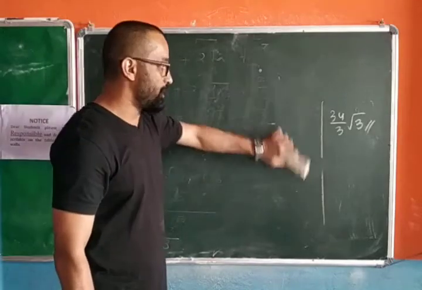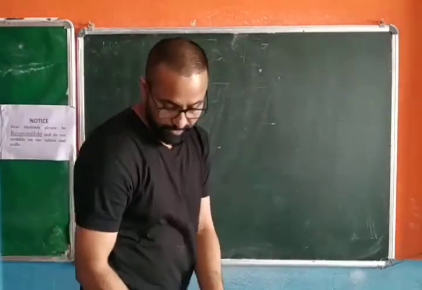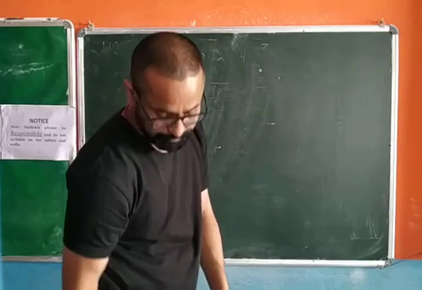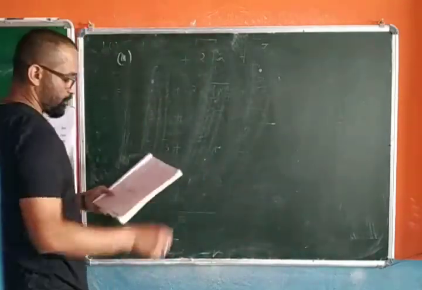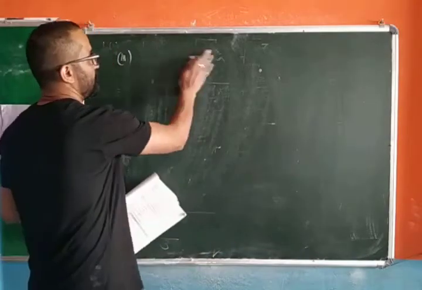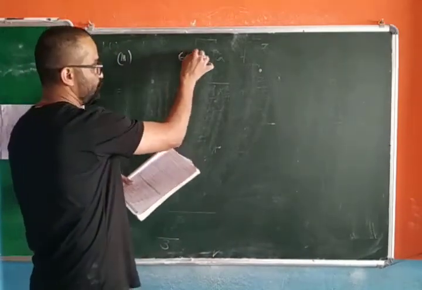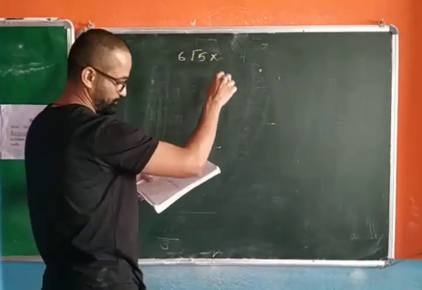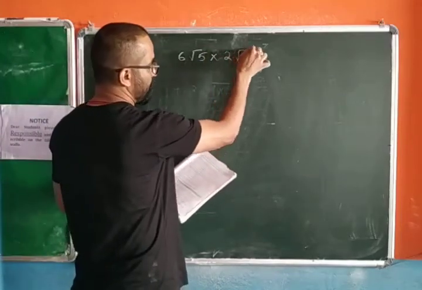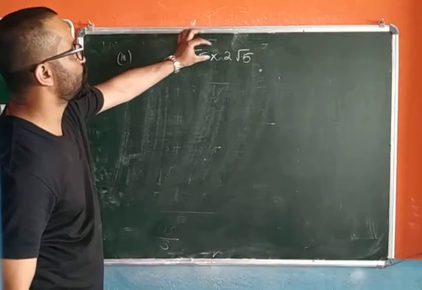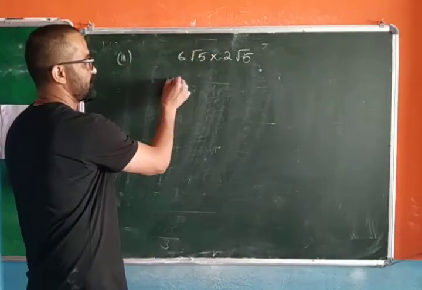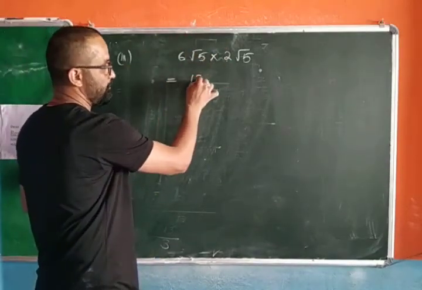So look at the multiplication now. It is question number 3. The question says simplify: 6 root 5 into 2 root 5. So multiply these two numbers separately. 6 into 2 is 12.